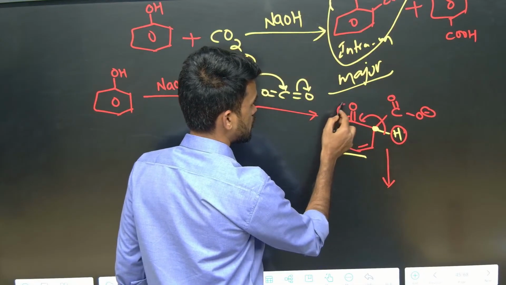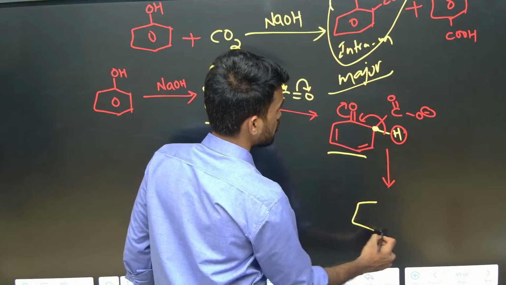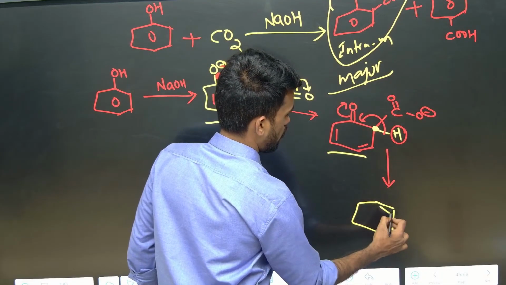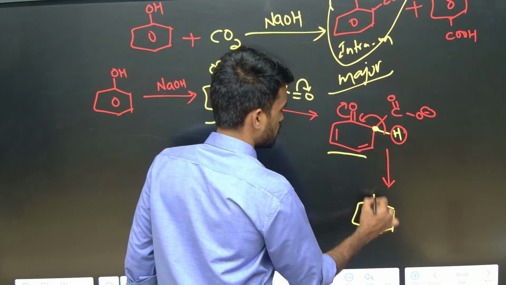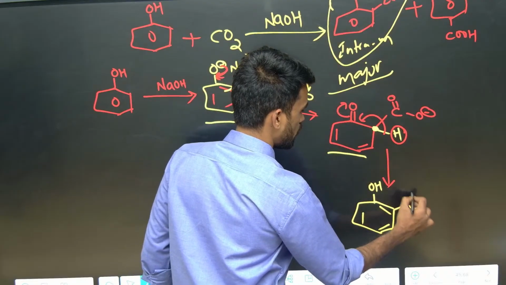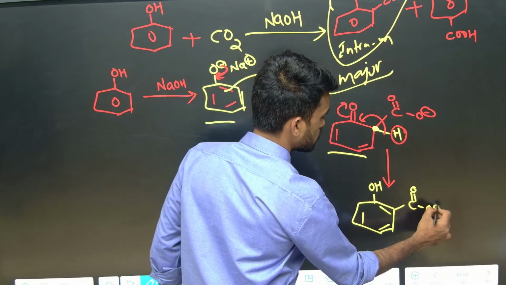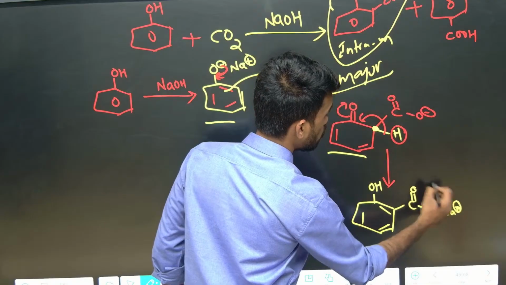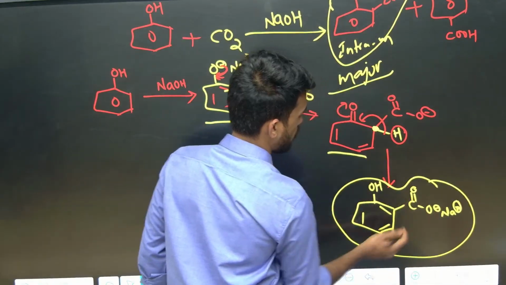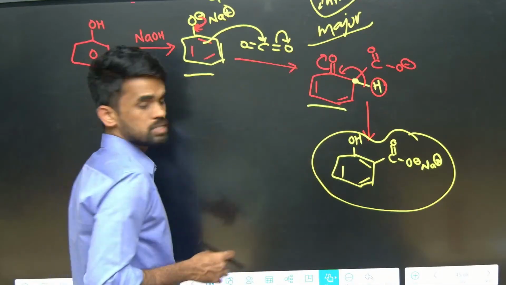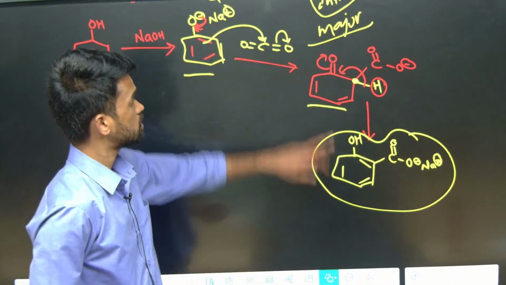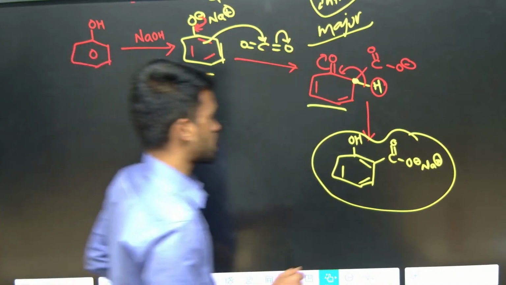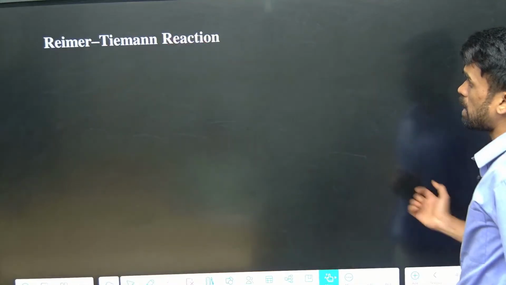Then you get the aromatic product back with the OH group over here and the carboxylic acid over here. So you got your carboxylic acid. Upon adding water, it turns into salicylic acid. That is the product. Ortho-salicylic acid is major. Similarly, the para product is also formed.